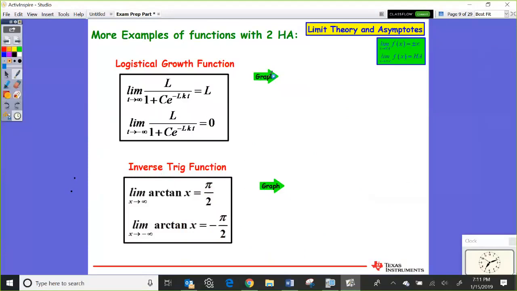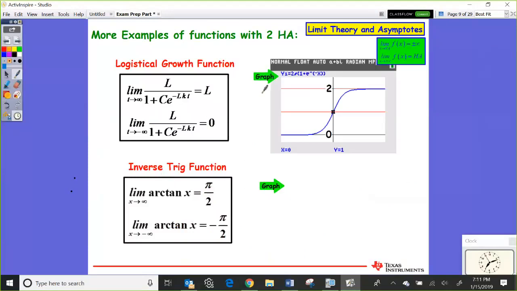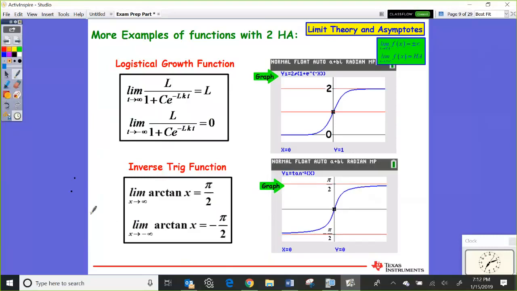Logistic growth, which is actually a BC topic, has that old e again, and that e can give us 2 different horizontal asymptotes. And then the only inverse trig function that seems to keep popping up is arctangent, and again, it's got 2 horizontal asymptotes. So keep in mind the limit theory: x approaching a vertical asymptote, y approaches infinity; x approaching infinity, y approaches a horizontal asymptote.